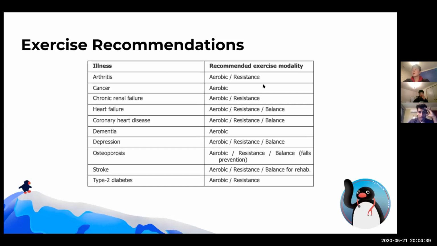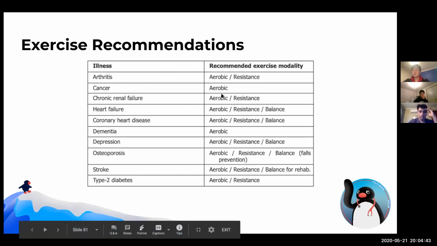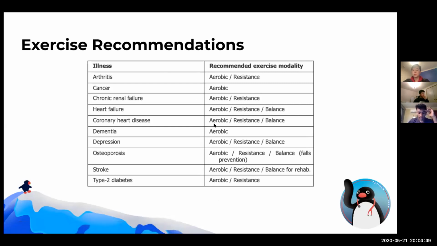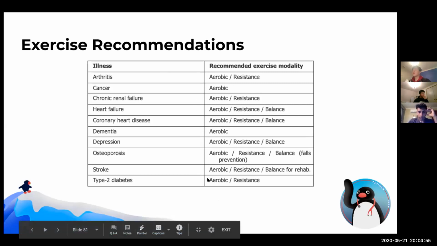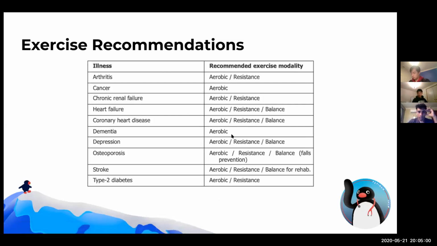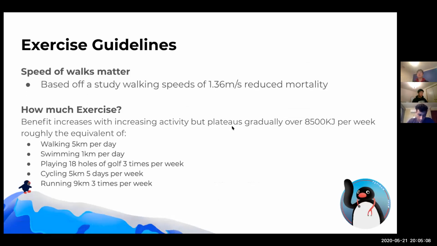The main thing to note is that in most diseases, aerobic exercise improves the condition and can help improve the prognosis. But for cancer as well as dementia, resistance and balance training is not recommended.